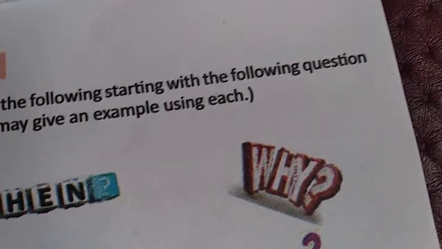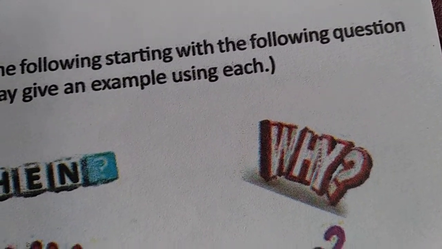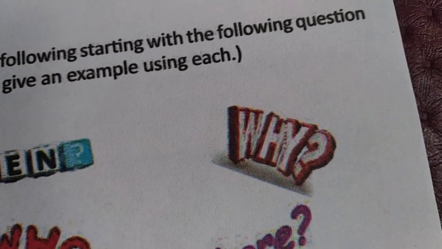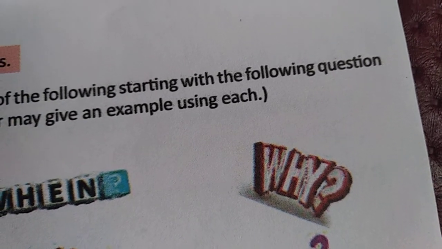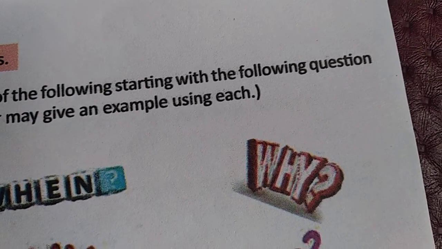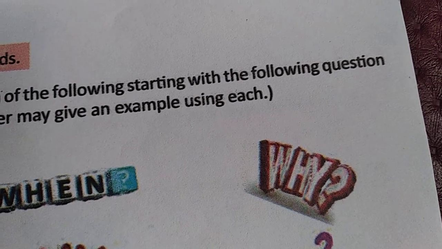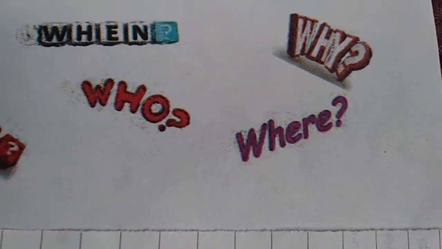Now, why? Why do you go to school? I go to school to learn. You get a reply. So why here is a question word. I don't know why she comes to school every day. It's not a question word, though why is used. Next, where?